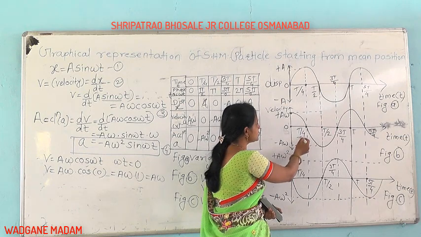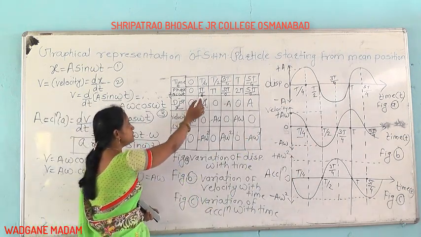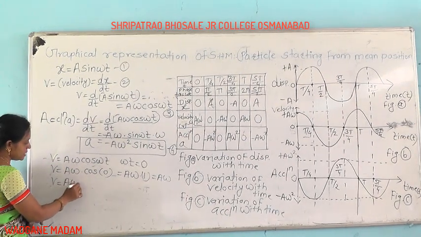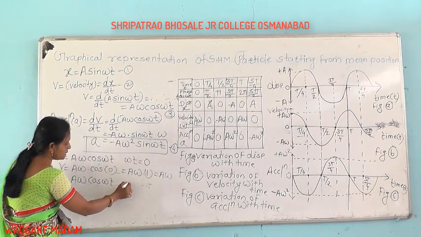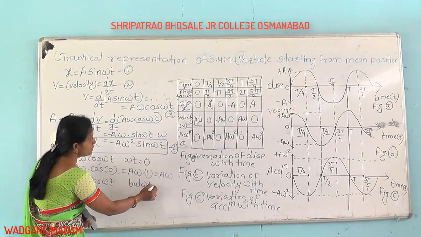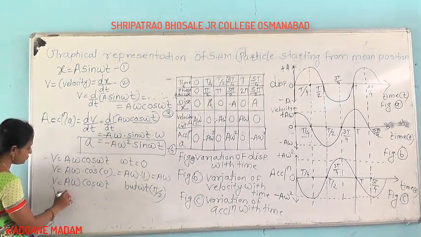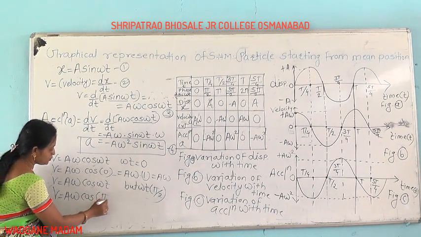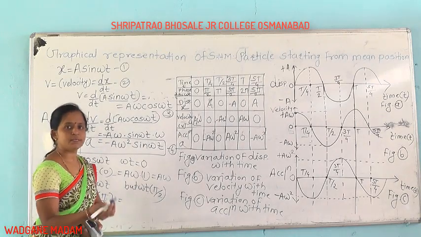Let us consider the next time interval, that is T by 4. At that time the phase is pi by 2. Therefore, v is equal to a omega cos of omega t, where omega t is pi by 2. We know that cos 90 is 0.